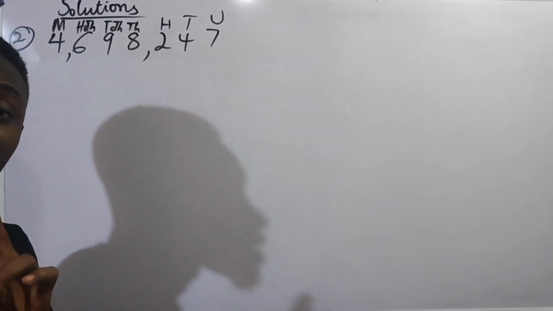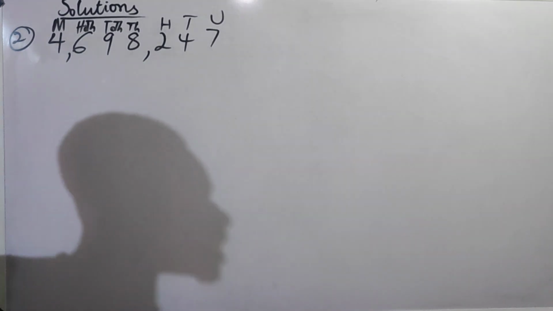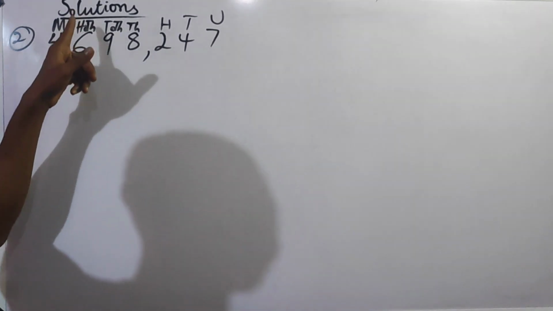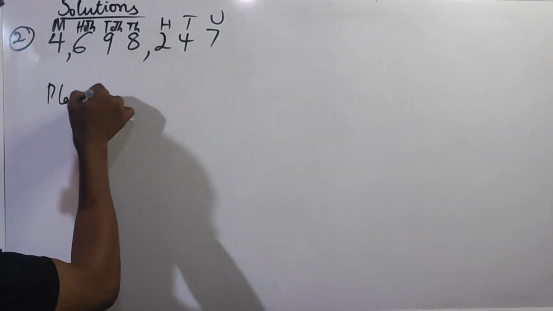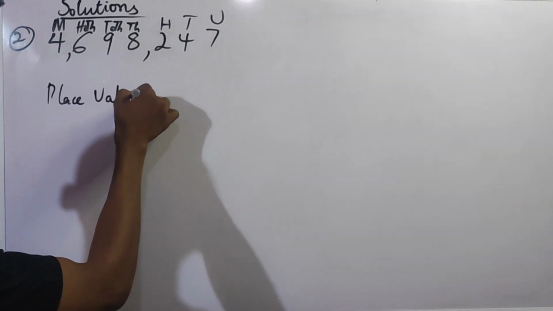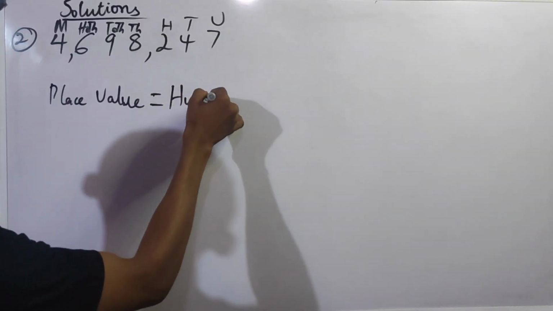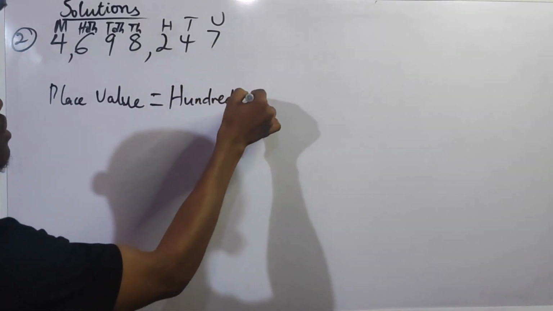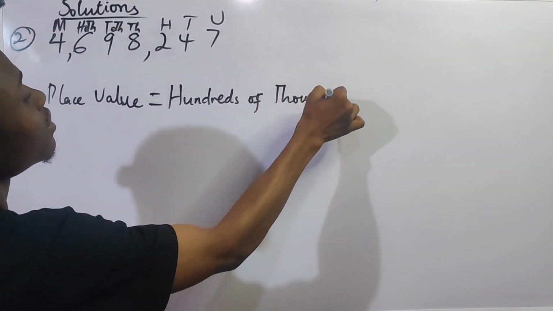We are looking for the place value of 6. You can clearly see that 6 is under what? Hundreds of thousands. So the place value is hundreds of thousands.